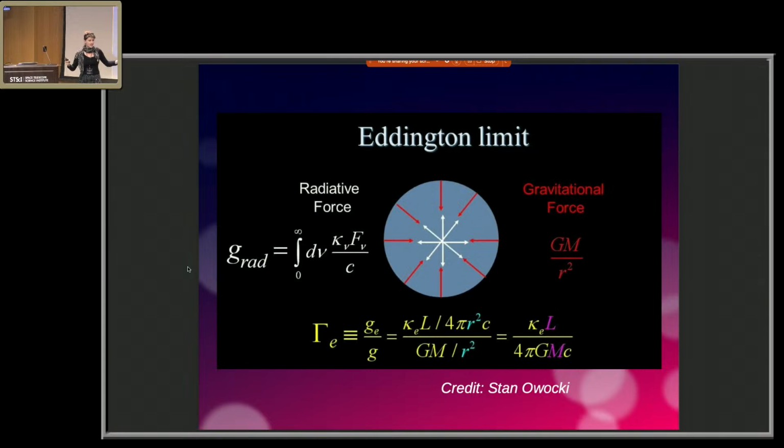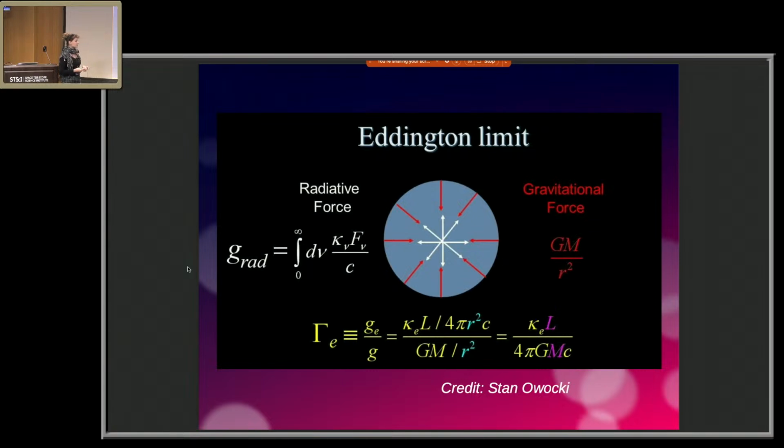Massive stars can have so much energy generation that the luminosity becomes so high that the internal pressure is basically pushing the star apart, and gravity cannot keep it intact anymore. This is what the Eddington limit is. Of course, it's also much more complicated because you can define the Eddington limit either on the surface or in every point inside the star. So it gets much more complicated, but this is the main concept behind it.